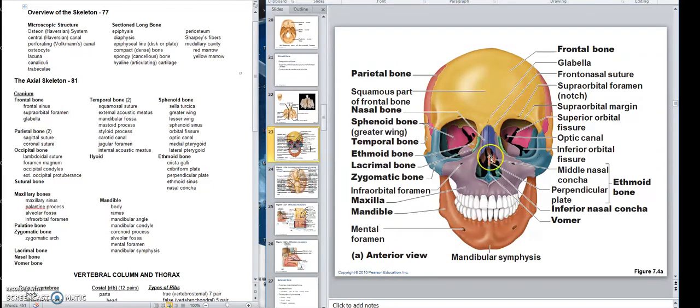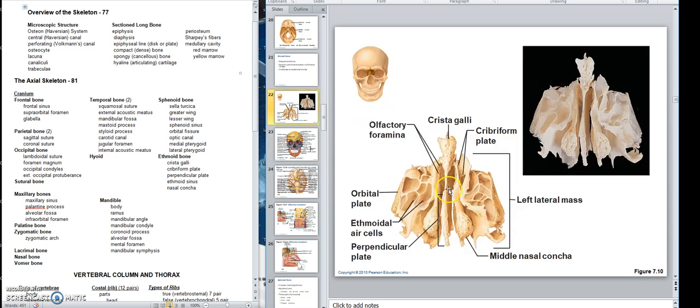See, here's your bony nasal septum. If you put your hand in your nose, the septum you feel is a fibrocartilaginous septum, but it passively follows whatever the bony septum dictates. So the perpendicular plate of the ethmoid is that superior aspect of the bony nasal septum. That's it there, and on this drawing is that right there.